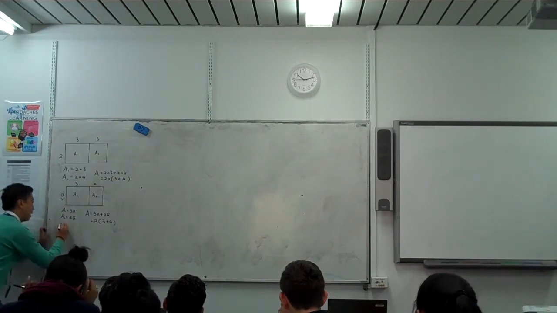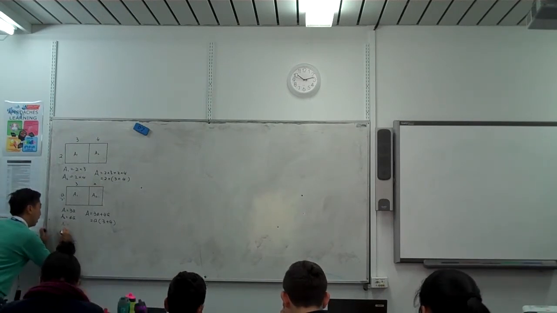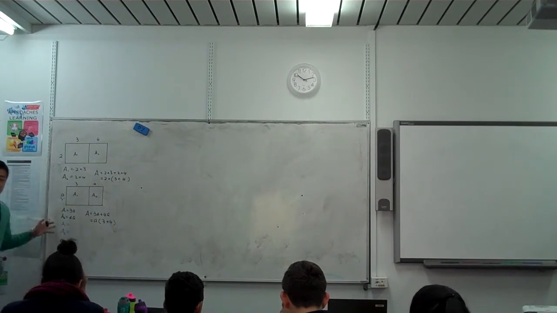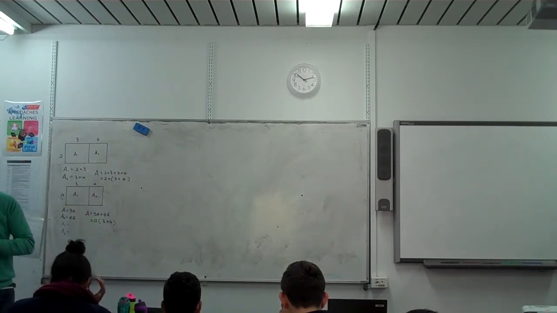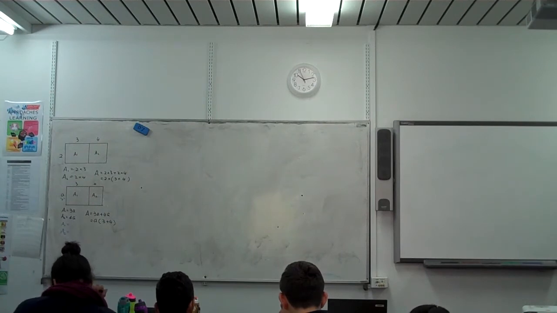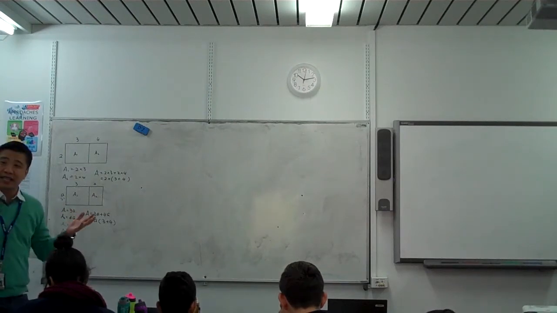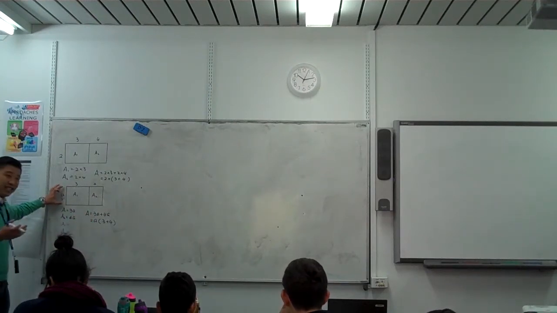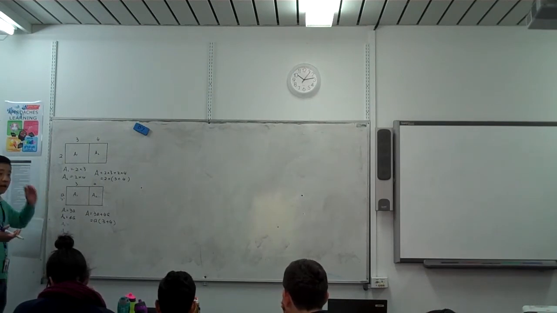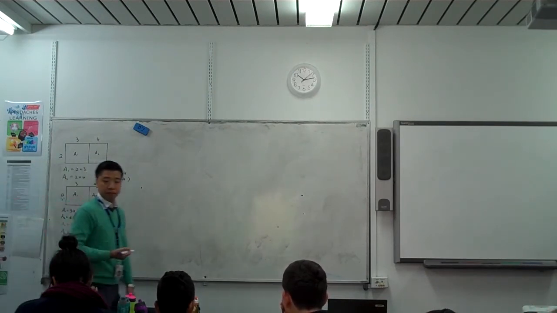I want you to write down A1 and A2. Please do that by yourself, okay? Now, the side is not A anymore. The side is x squared. Just now I said it doesn't matter this is A or not. Alright, so I can really use x squared.